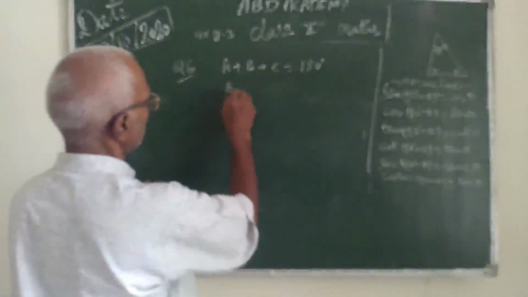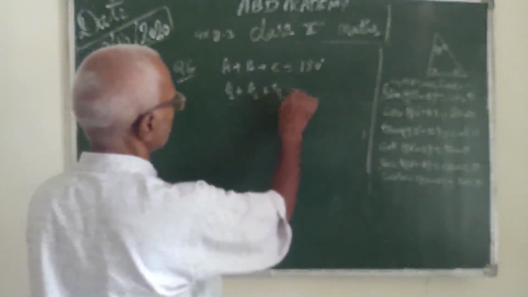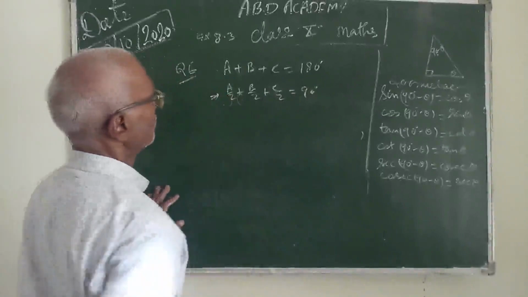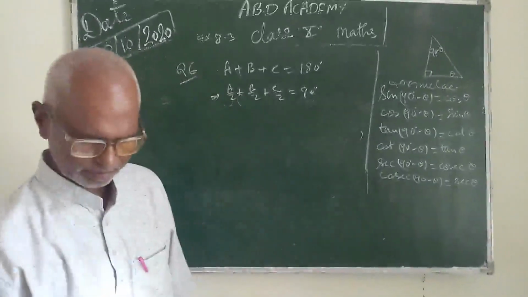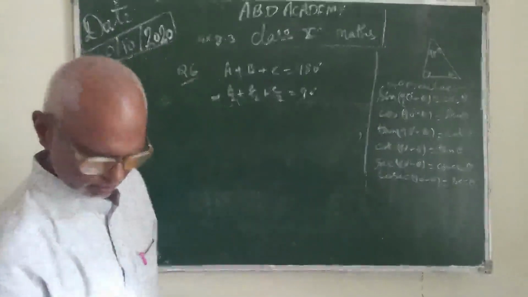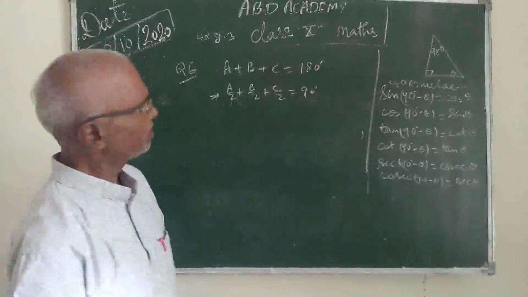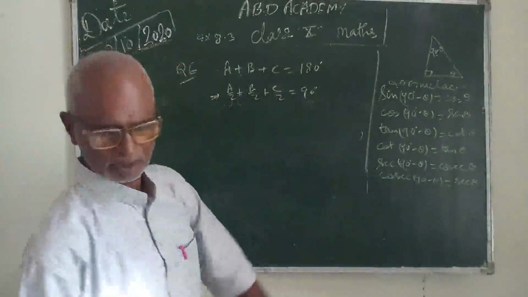So here A by 2 plus B by 2 plus C by 2 will be 90 degree. The sum of all the 3 angles of a triangle is 2 right angles, means 180 degree. In a hurry I said 90 degree there. So it will be 180 degree, and half of the angles will be 90 degree.